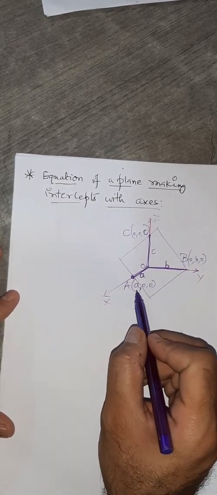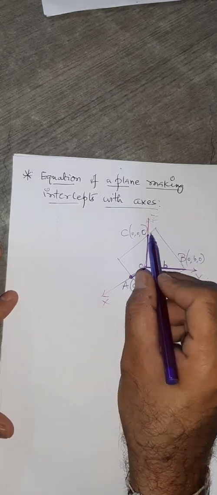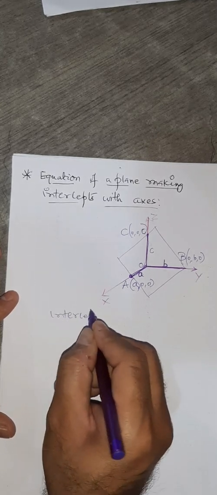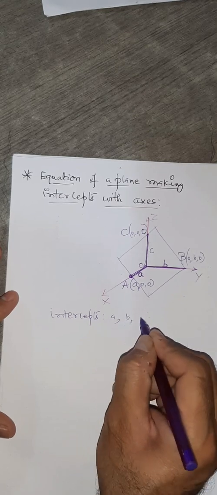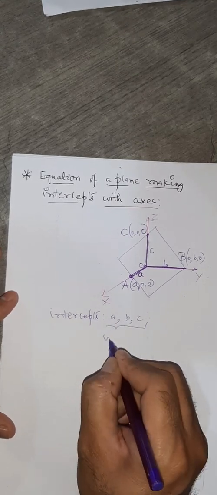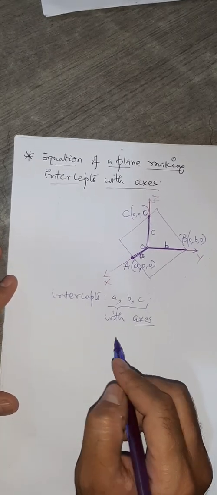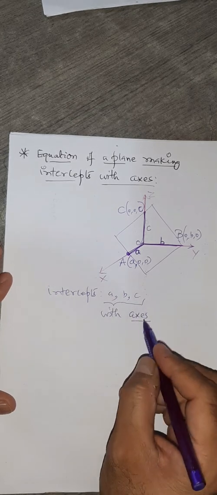Indirectly you can say that the plane passes through which three points? a, 0, 0, 0, b, 0, and 0, 0, c. So here the intercepts are a, b and c with the three axes, remember. This one with the x-axis, this is with the y-axis and this is with the z-axis.